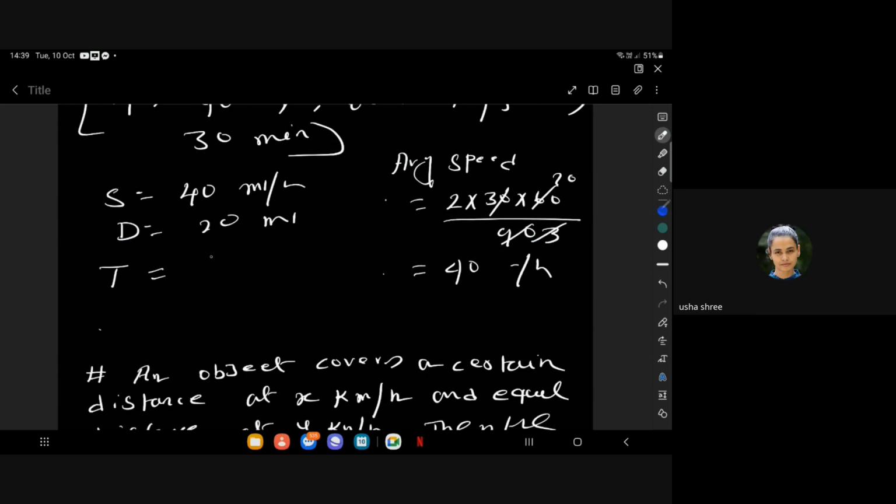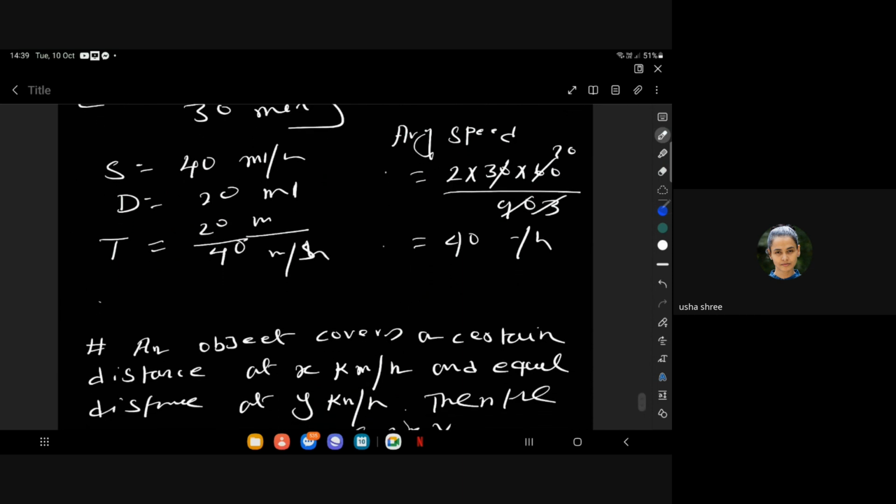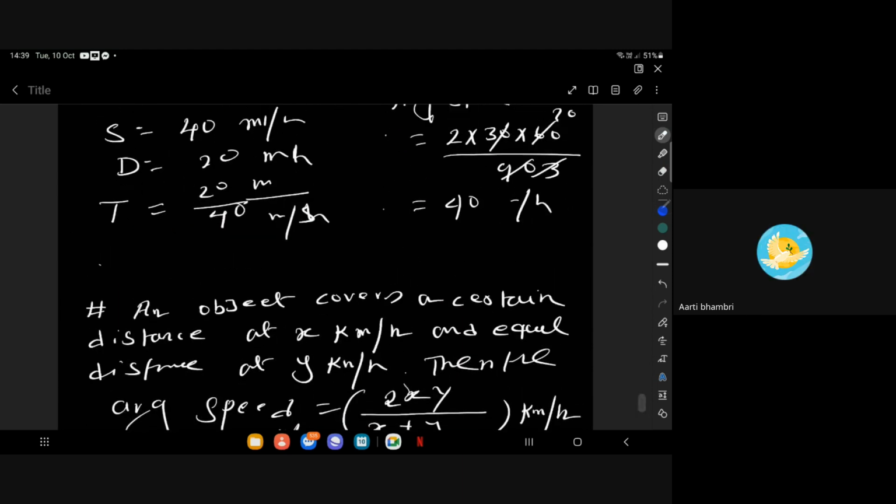Time T is equal to distance by speed, D by S, 20 by 40. D is in miles, and speed is in miles per hour. So it will be 1 by 2. Miles will get cancelled. Just for your understanding, I am cancelling this one.